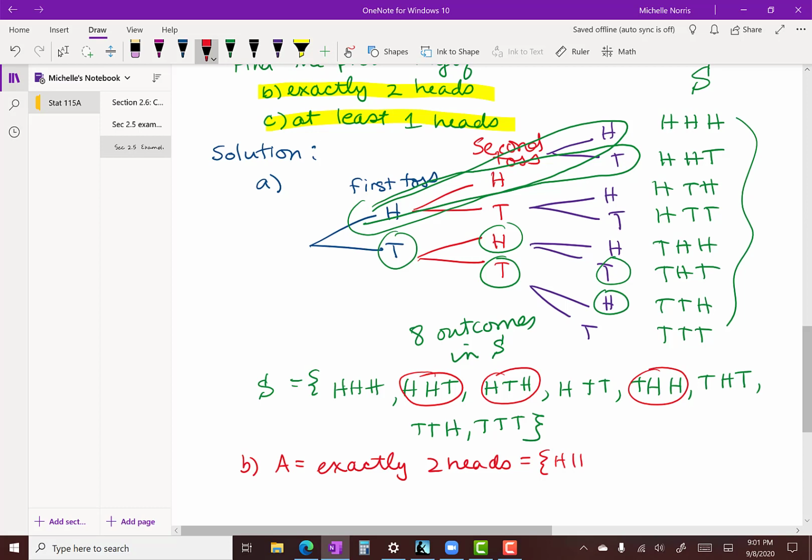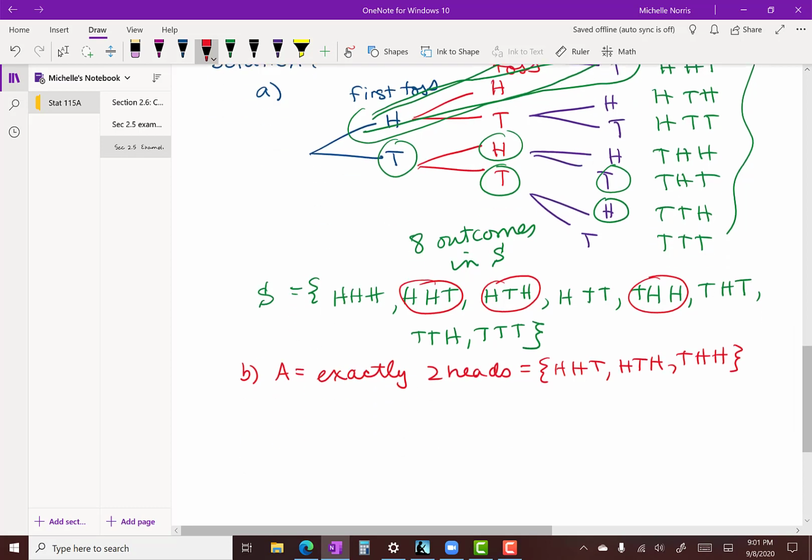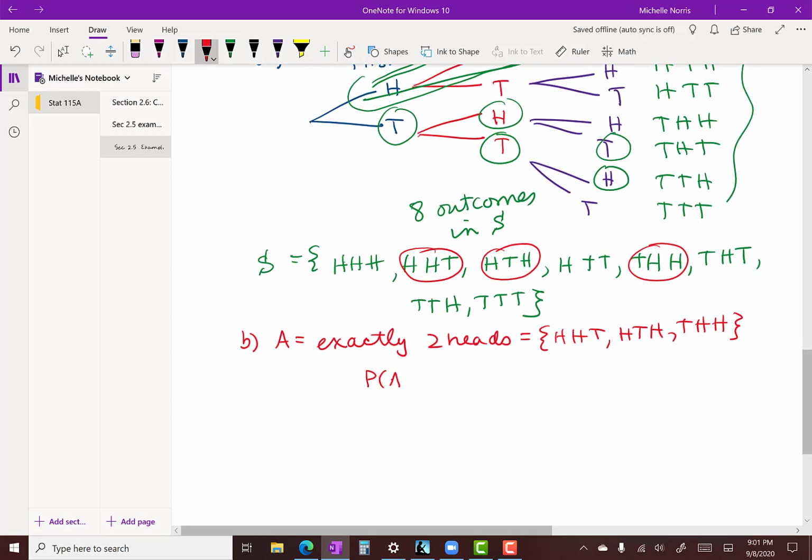You just need to count how many there are. The probability of event A is the number of outcomes in A divided by the number of outcomes in the sample space, which would be 3 over 8, or 0.375.